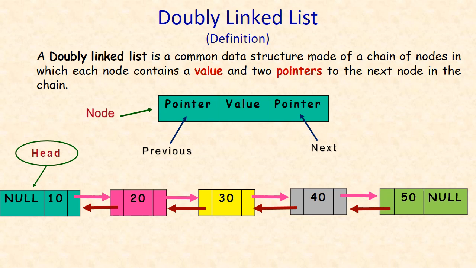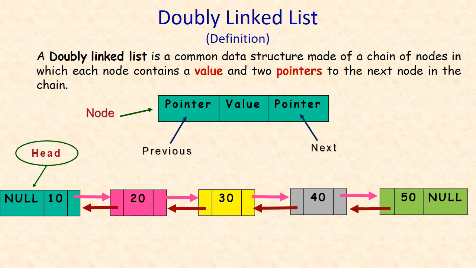Each list consists of one head and one tail. Tail means the last node, which holds null as the next address because there are no further nodes to link, and the head node holds null as previous because there are no previous nodes to the head, because head is the first node itself.